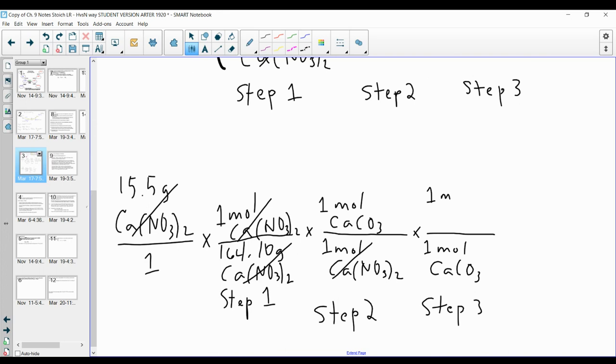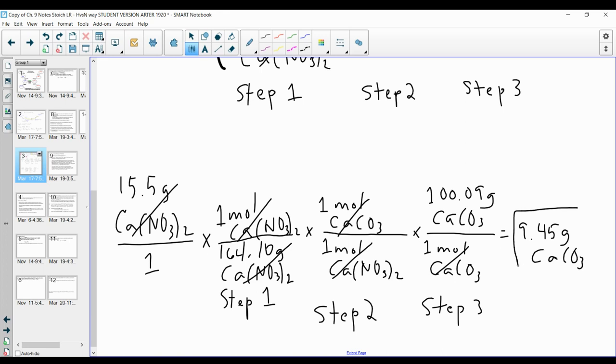I'm sorry, 1 mole. This is the 100.09 grams of calcium carbonate. Let's cancel these units so that we can see that they cancel. And then this would get you the 9.45 grams of CaCO3 as our final answer for that one.